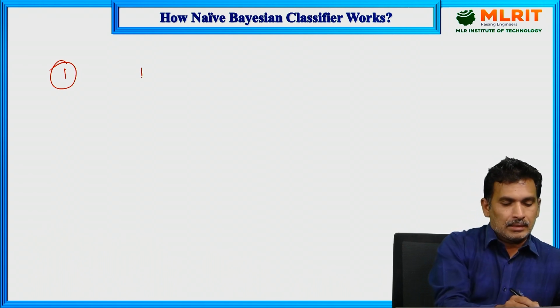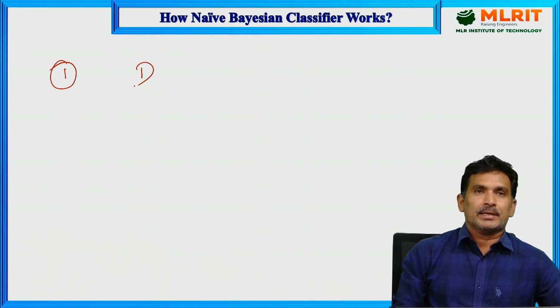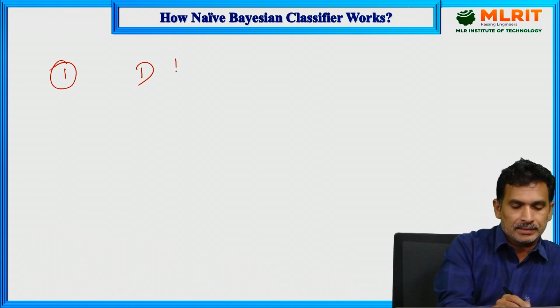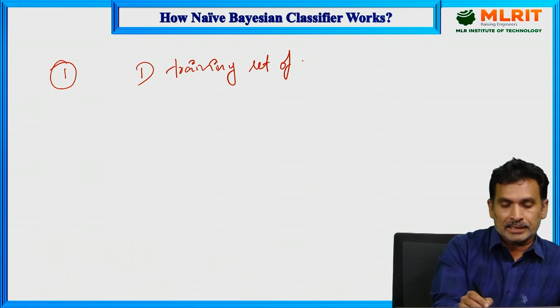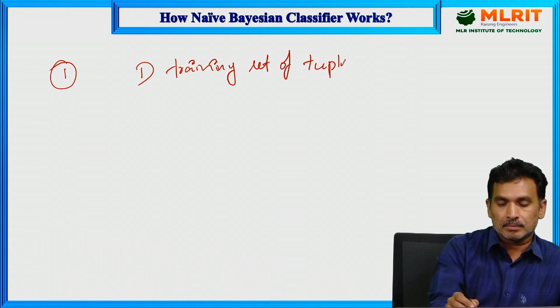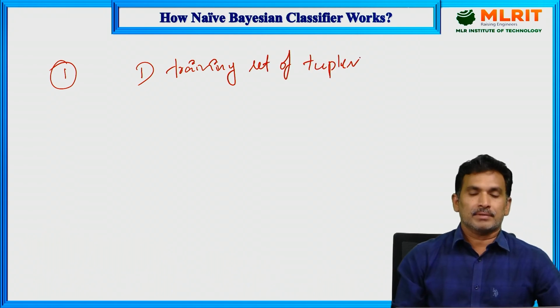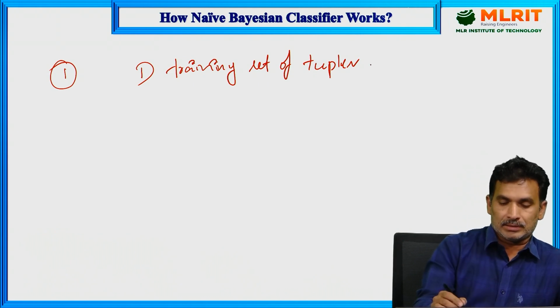Here, let D be a training set of tuples with the associated class labels.